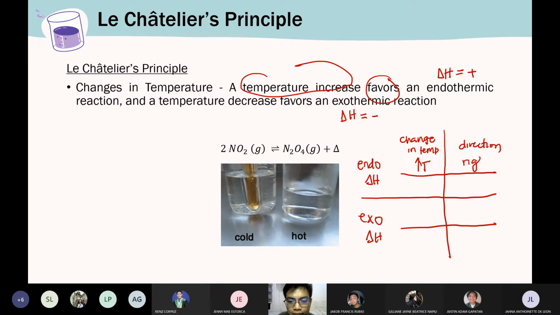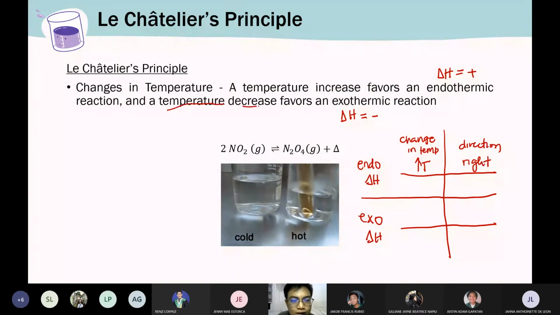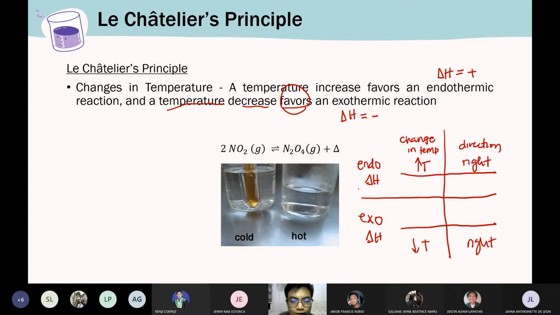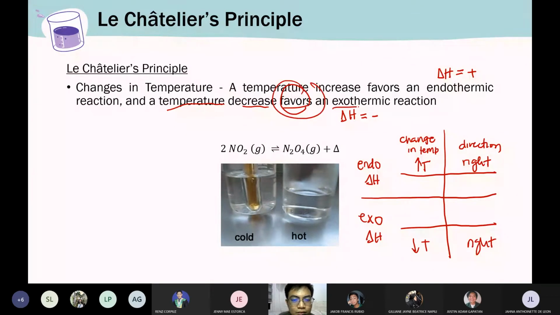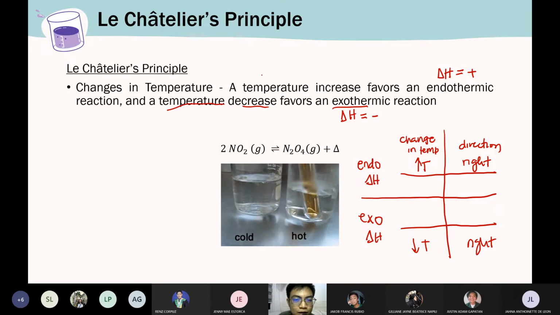And for exothermic, a temperature decrease favors an exothermic reaction. If you lower the temperature of an exothermic reaction, it still shifts to the right. So a temperature decrease favors exothermic, while for endothermic it shifts to the right if you increase the temperature. So their trends are opposite.